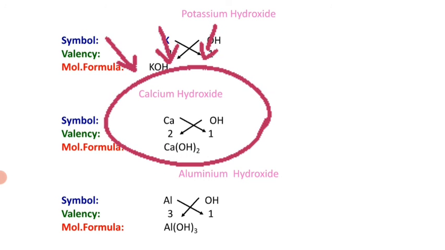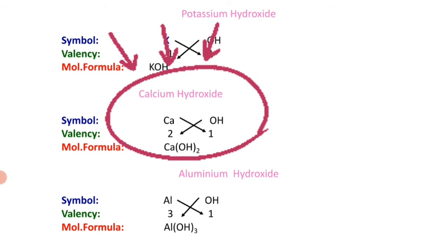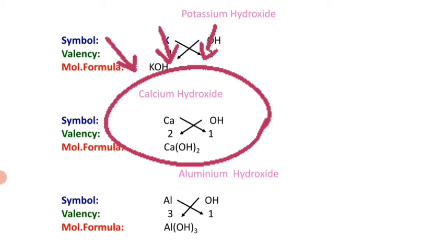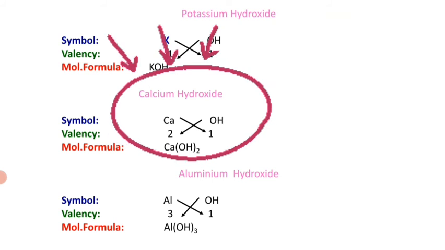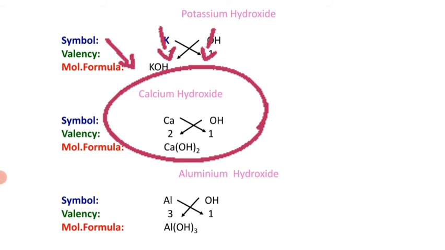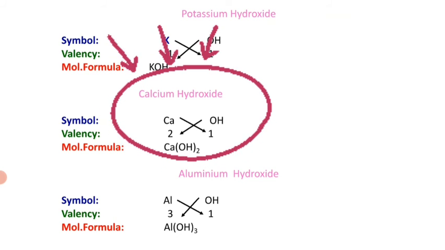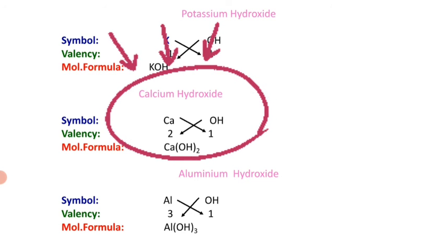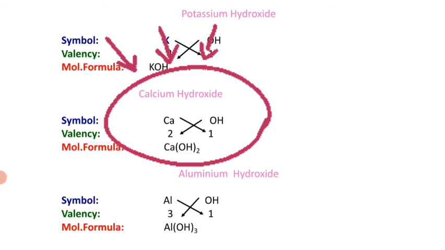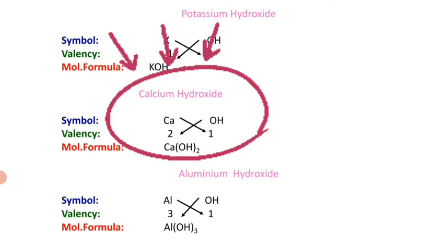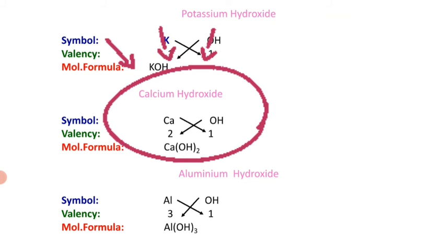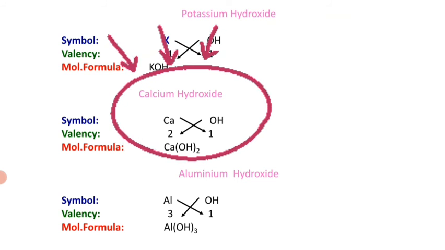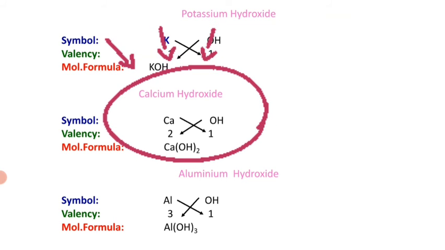So the molecular formula will be Ca(OH)2. Now this number 2 is for the whole OH, for both the letters. OH is one molecule. We have to write OH in brackets when we have more than one. So the molecular formula will be Ca(OH)2.